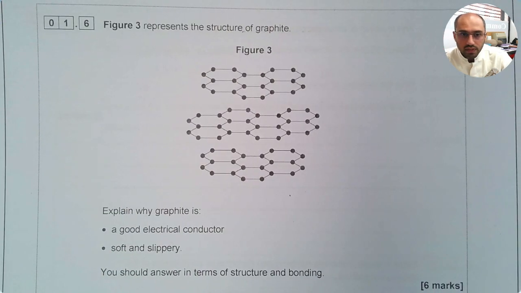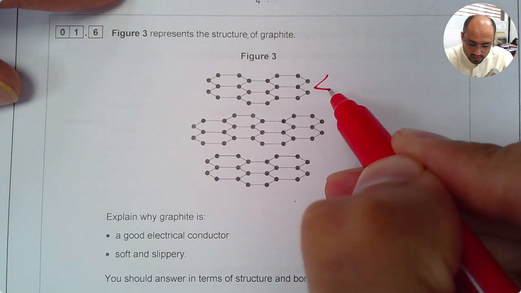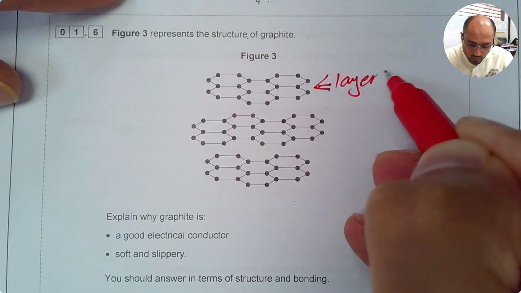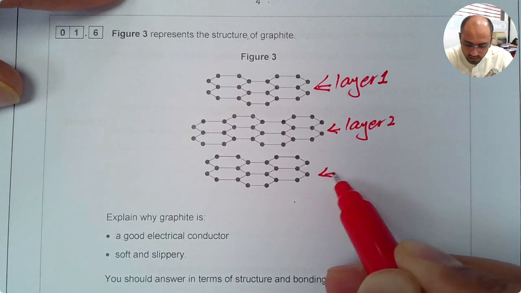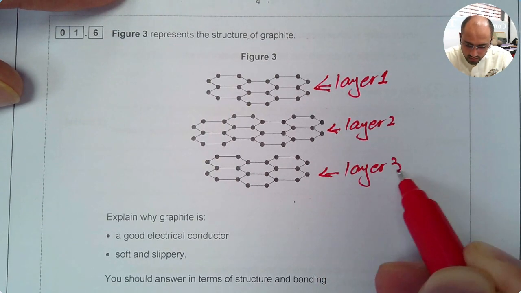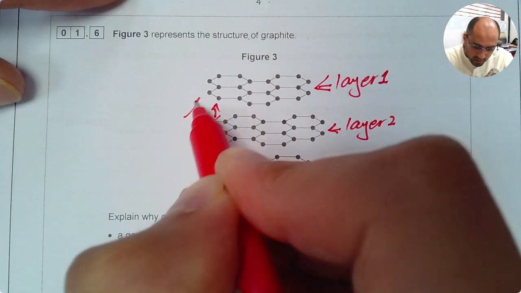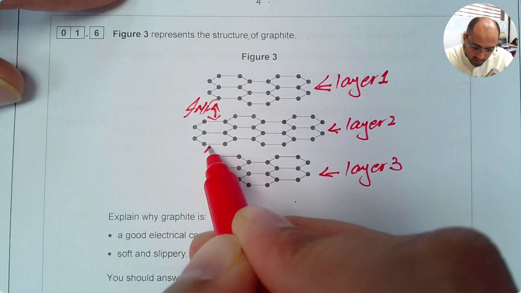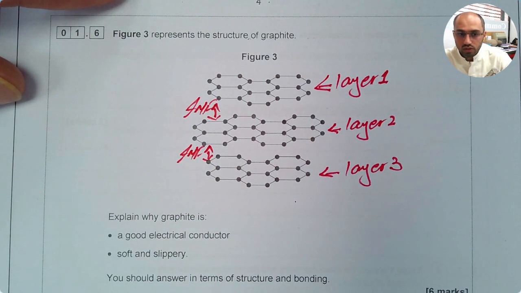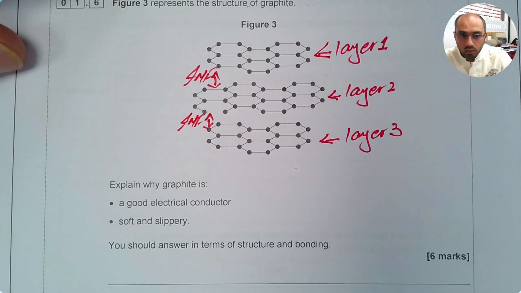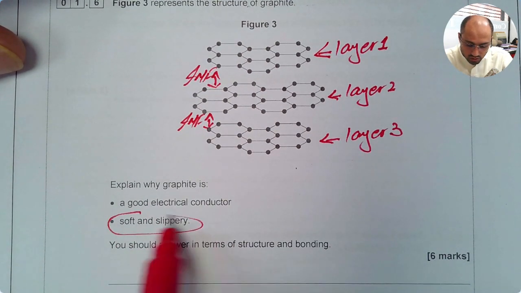Next question says figure 3 represents the structure of graphite. So you can see this is layer 1, this is layer 2, and this is my layer 3. And you have to remind yourself, between the 2 layers there will be IMF, which is intermolecular forces of attraction. It now says explain why graphite is a good electrical conductor and soft and slippery.